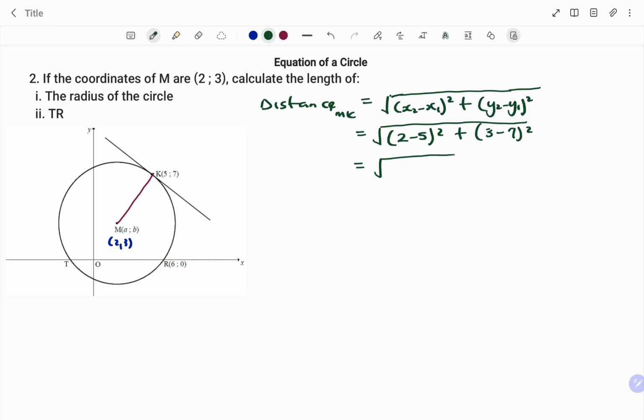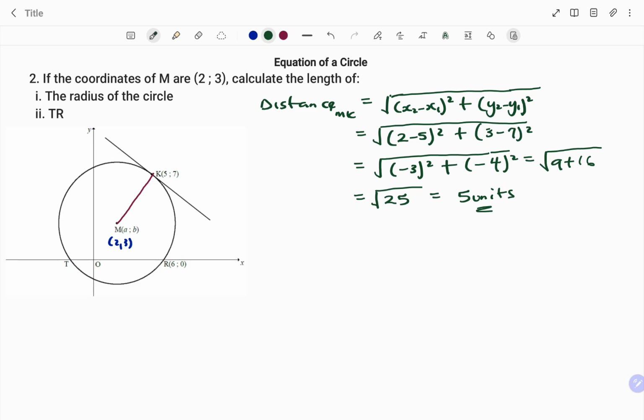That's equal to square root of negative 3 all squared plus negative 4 all squared. That will be 9 plus 16. 9 plus 16 is 25, so that will be square root of 25. So therefore the radius of the circle is equal to 5 units.